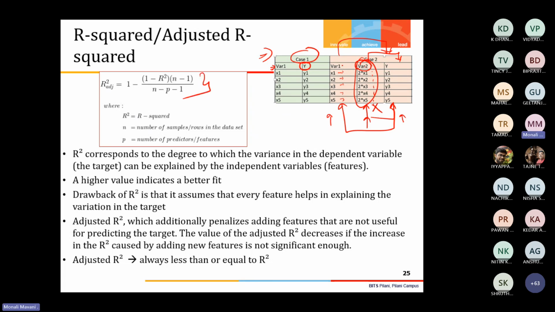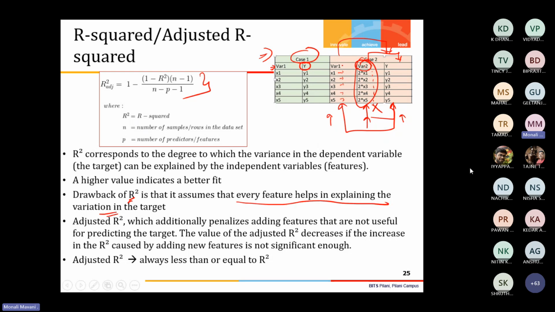We have a certain formula, but we are not interested here. We will not do any derivation of how these formulas have come up. What we are interested in here is whether adding more features is actually helping or not. You will encounter this situation many times in practical implementation. The drawback of R square is that it assumes every feature helps in explaining the variation in the target.